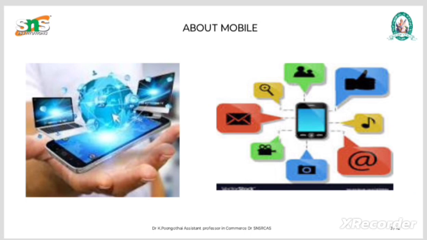Each and everyone is in need of a mobile phone, and they do their work through mobile phones. Each and every process is in our hands by way of the mobile phone. Through technological changes everything has changed, and the mobile phone plays an important part in our life. With a smartphone, we can have all activities in our hands.